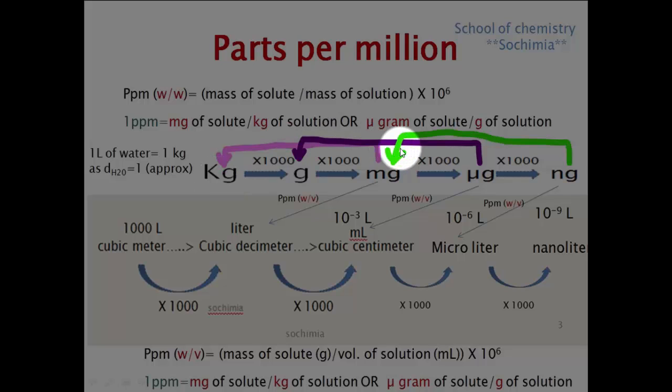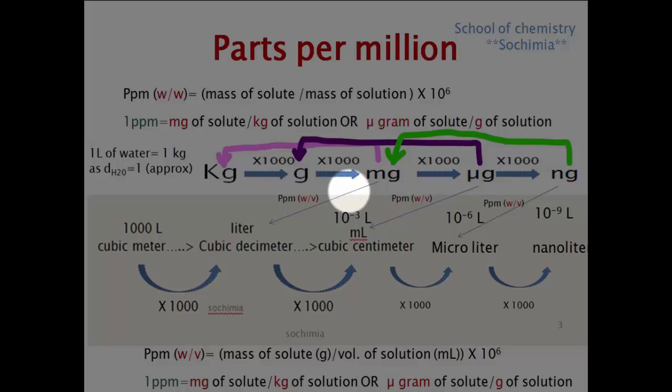Similarly, 1 microgram is 1 millionth part of a gram, and hence 1 nanogram is 1 millionth part of a milligram.